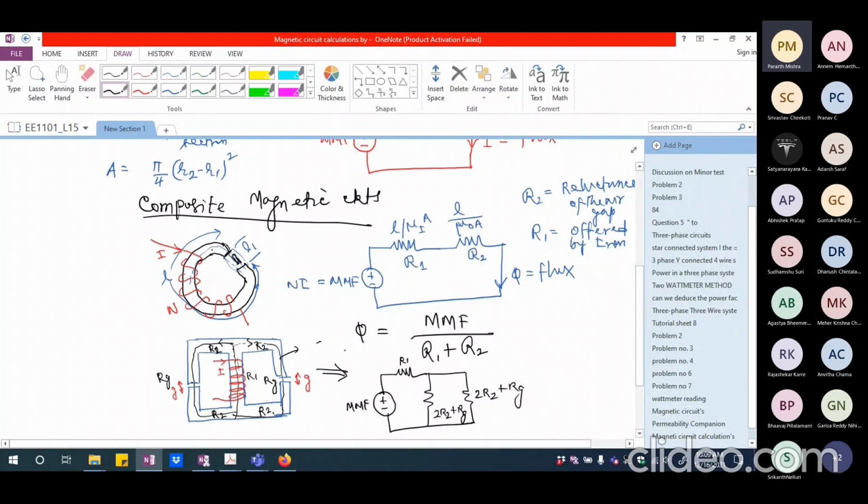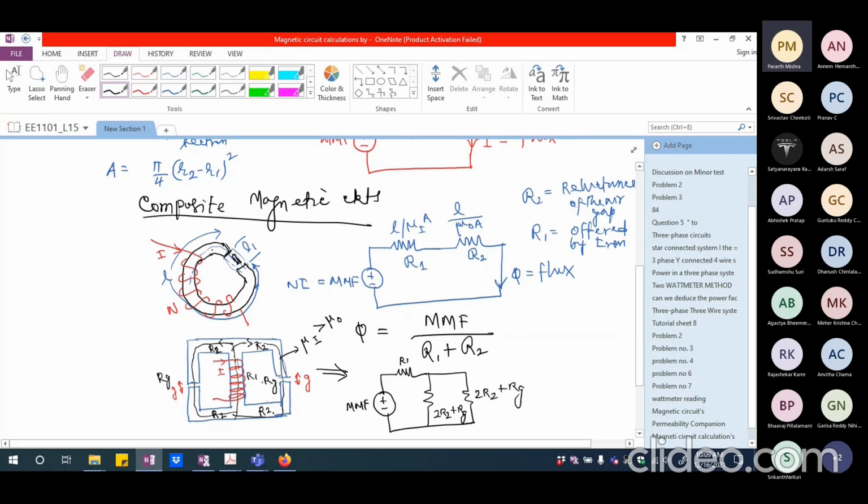If mu I is much higher than mu naught, then whatever lines are flowing through this, they have to flow through this, all right, because it is a closed path.